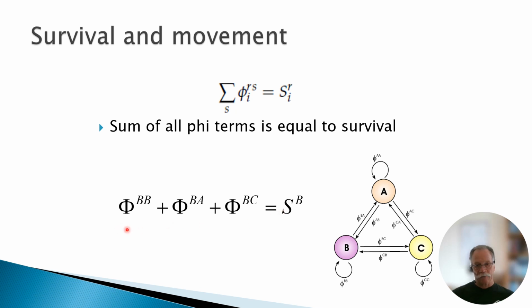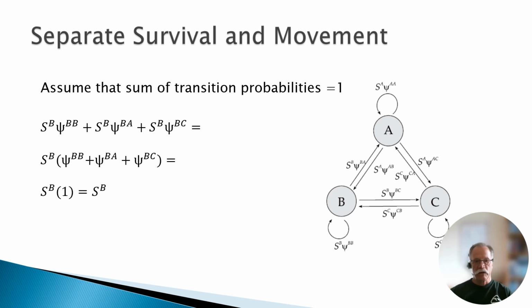Another way we can indicate that is if we're starting with site B, it would be phi BB plus phi BA plus phi BC would be equal to S, or survival across that interval for all the animals in the population. You can see the relationship between survival and movement if we look at this diagram now.